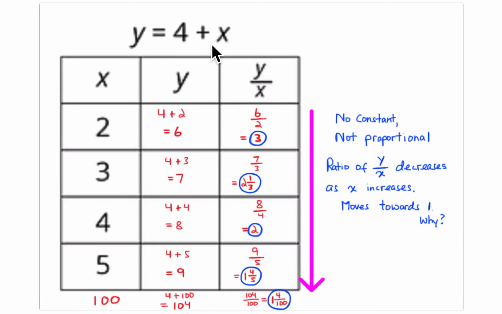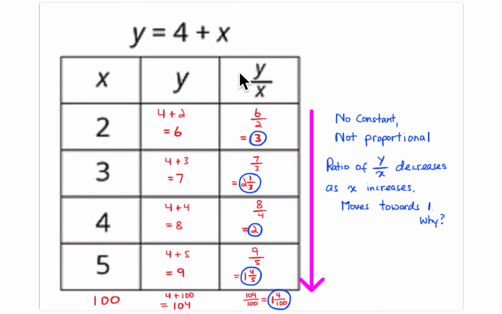So this is like the temperature example that we did before. Now you're adding 4 to a value that's increasing. It's getting bigger and bigger. Imagine this goes to 1,000,000. So you're going to add 4 to that. So it's 1,000,004 divided by 1,000,000.